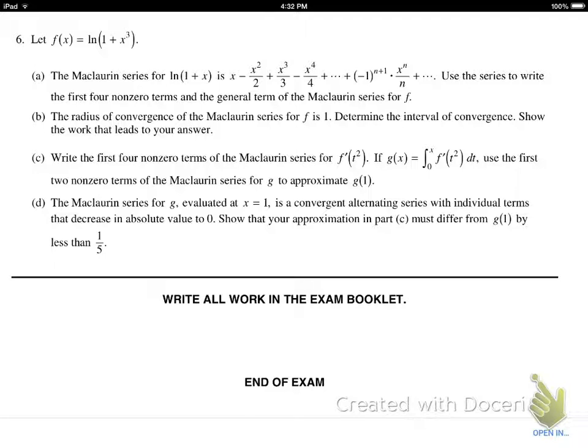Since this is a Maclaurin series, we know the center is 0, and since the radius of convergence is 1, the interval of convergence is at least the open interval from negative 1 to 1. So we move from the center 1 unit to the left to negative 1, and then one unit to the right to positive 1. And so now all we have to do is test the endpoints.